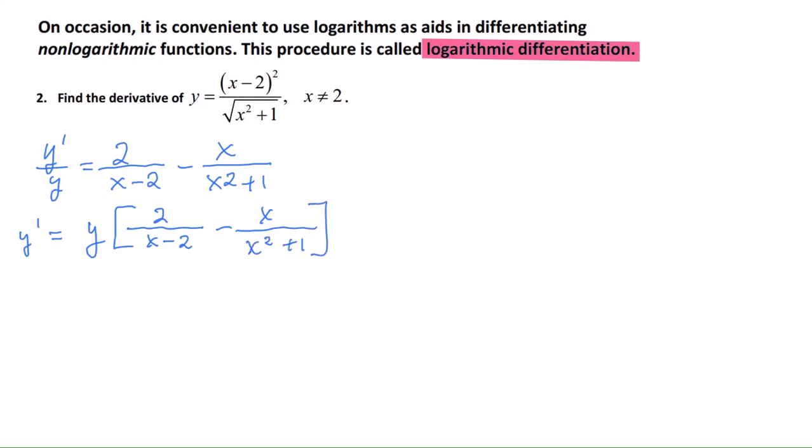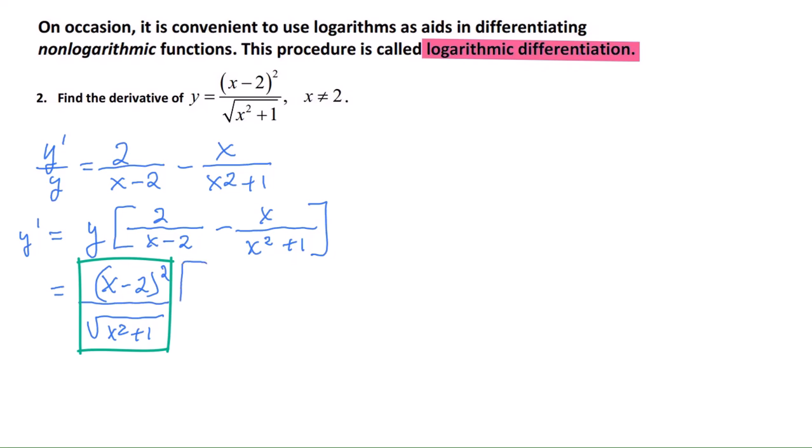Now on the left, I've got y prime, which is what I really wanted. On the right, I've got y times our values in the brackets. But what was y? Oh yeah, this. So I've got to multiply that times the values in the brackets.